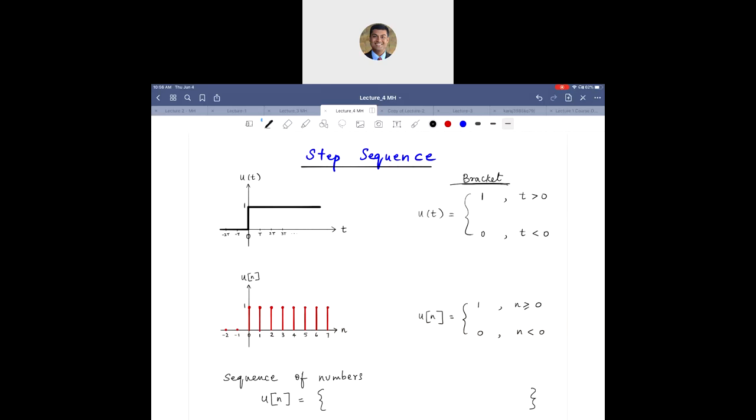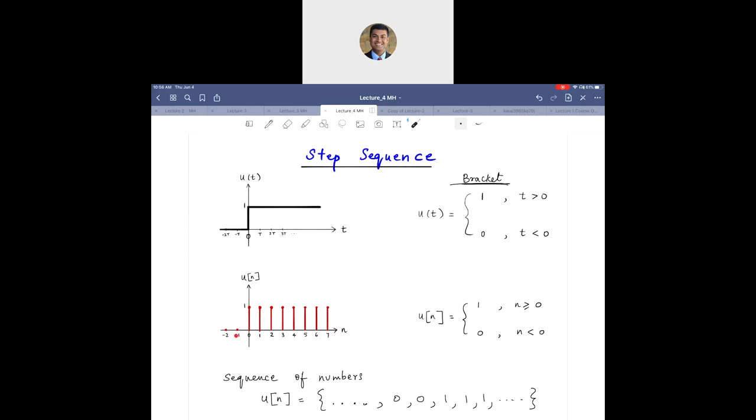So I've got several zeros, and then I've got a bunch of ones that will continue, right? So I've got all zeros here, then all ones here.